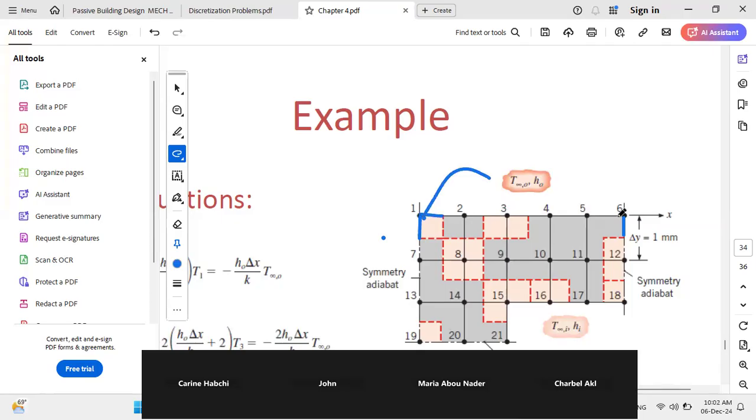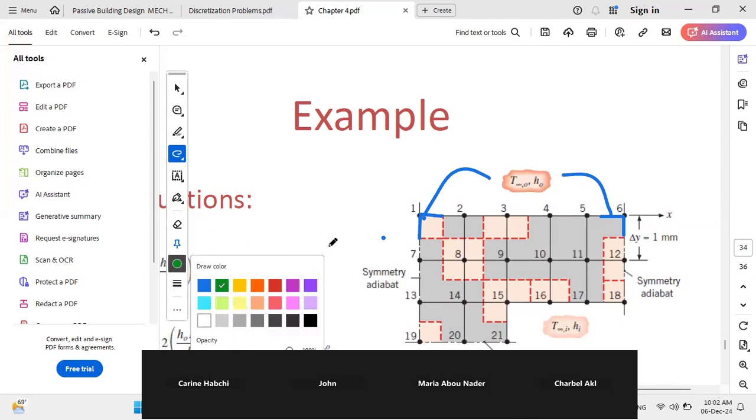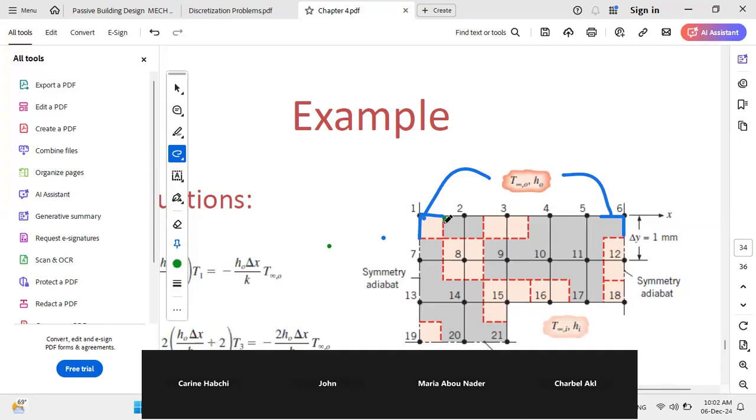And here also, you have a convective condition from this side with the outer fluid. While for these two other faces, which are within the solid domain, the type of heat transfer through these faces is conduction. So you have conduction at this level and conduction at this level. Similarly for cell 6, you also have conduction from these two faces. So we have similar conditions for these two. That's why the equation will be very similar.